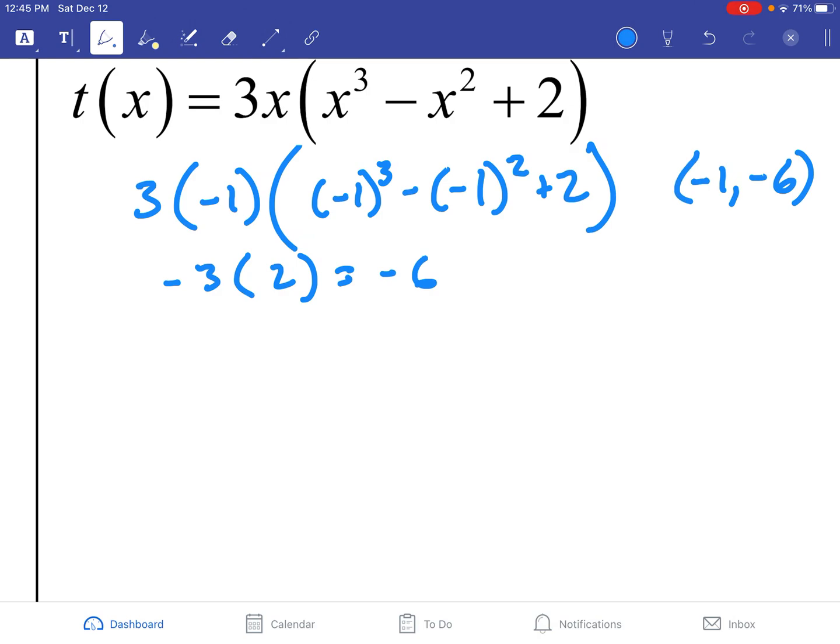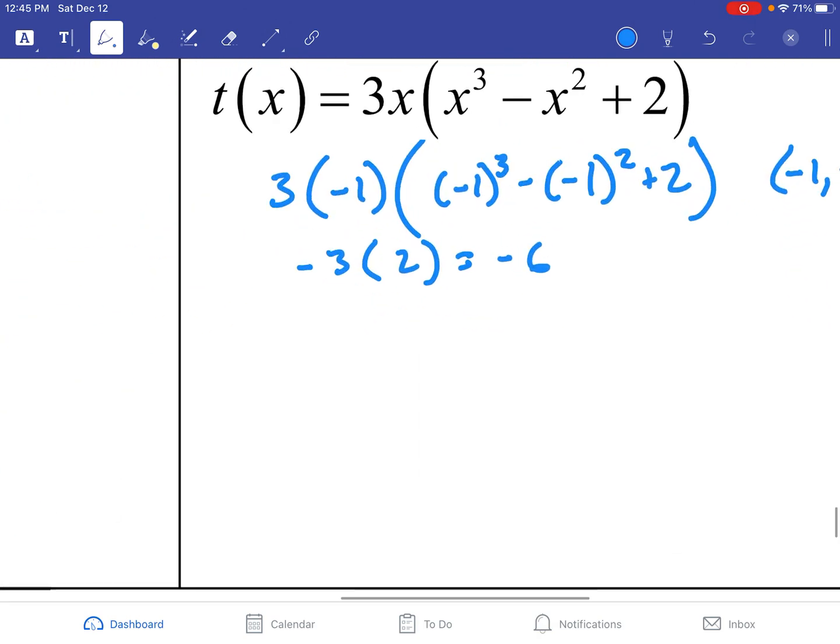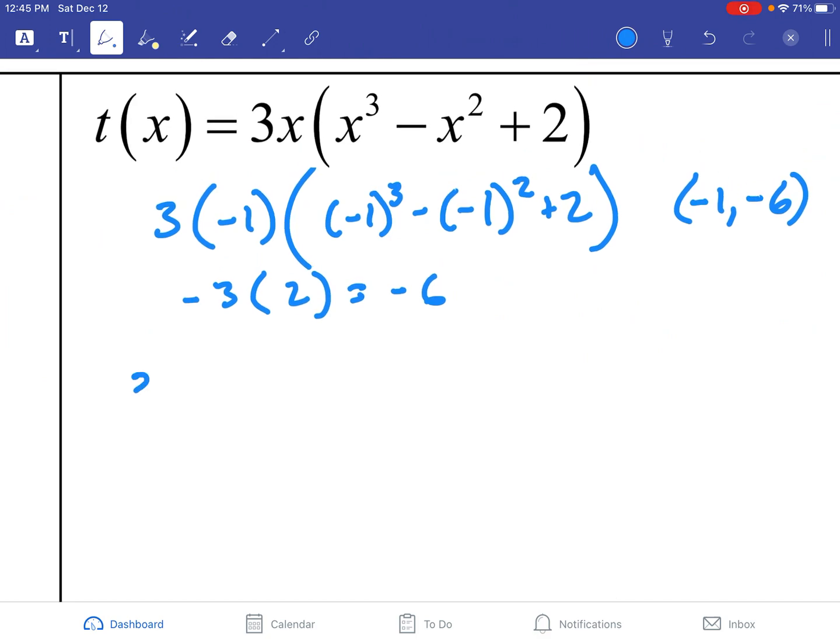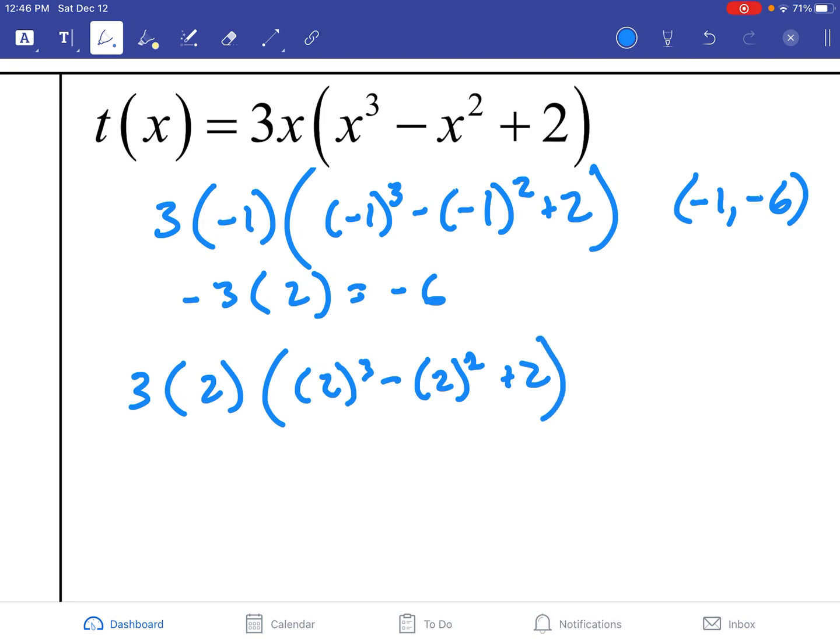All right, now we're going to do the same thing with the other part of the point. It is 2. So we're going to put 2 in for the x's. So we have 2 cubed minus 2 squared plus 2.